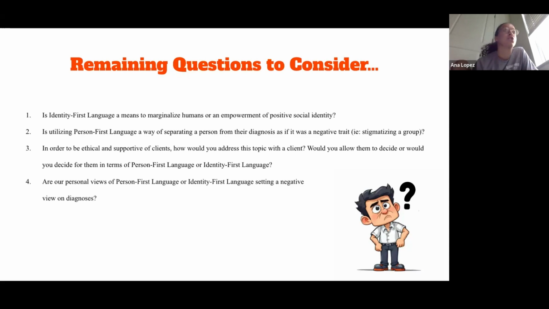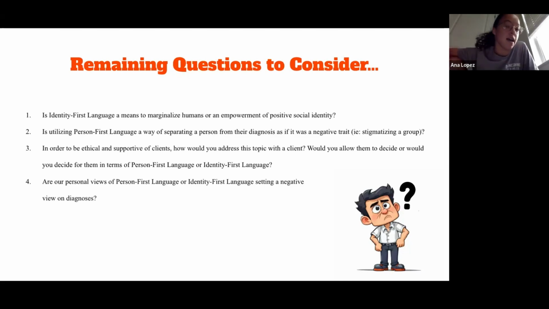So I think it also has to do with a shift in societal view. We have commonly used the medical term favoring person first language to show that we are trying to destigmatize these disabilities, but in doing so it unintentionally brings more negative connotation to it.